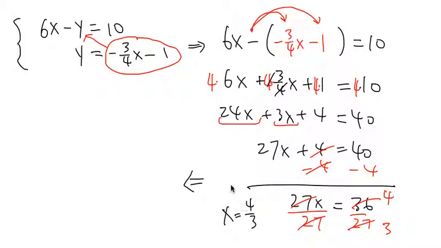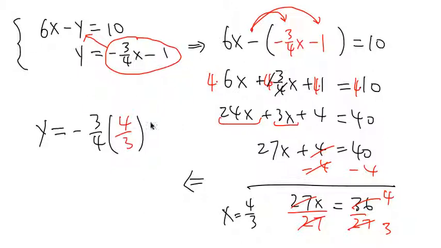Take this with you, plug it into one of these equations. The easy one. I think the second one is easier because we already know y, it's isolated, that's equal to negative 3 over 4. But for the x, let me open the parentheses. The x value, we just found it right here. It's 4 over 3. Let me plug it in right here into this parentheses.